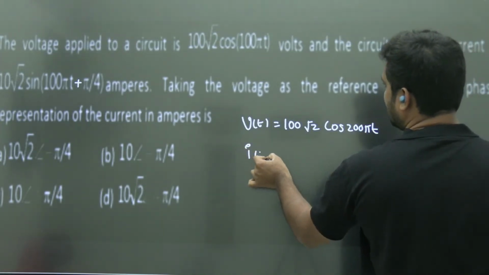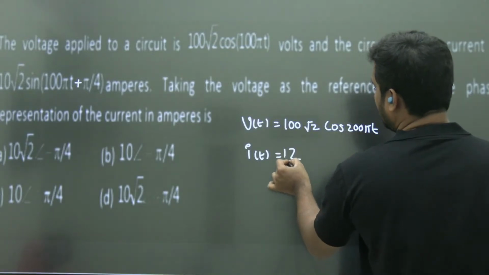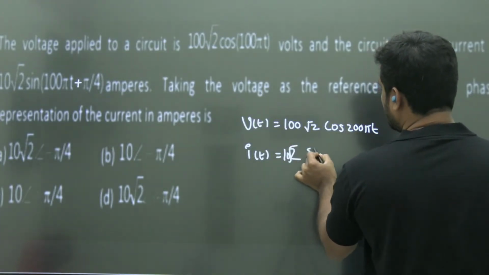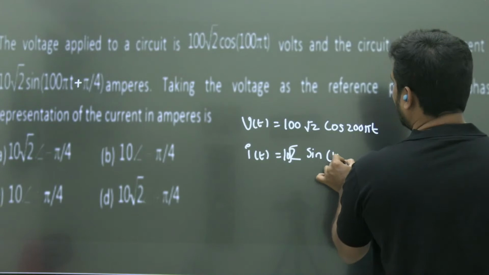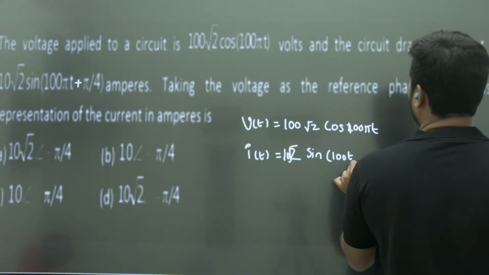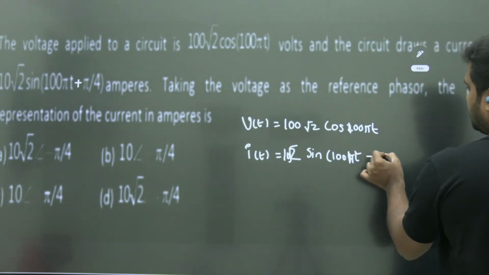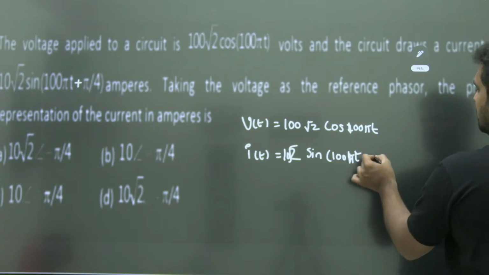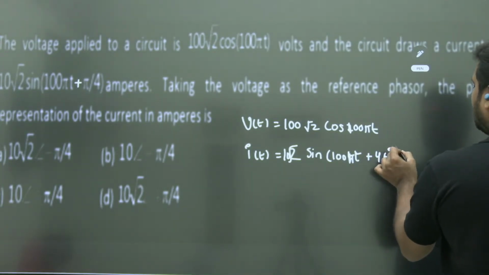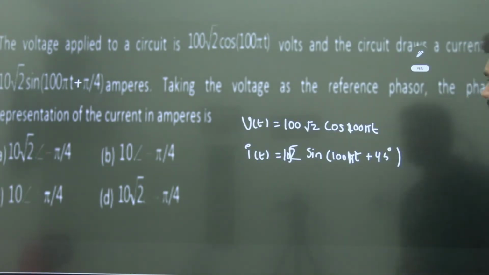Current is 2 10 root 2 sin 100 pi t minus 45 degrees, pi by 4, so plus 45 degrees. Okay. Now what is the current phasor I? How to find it? You can give a try.